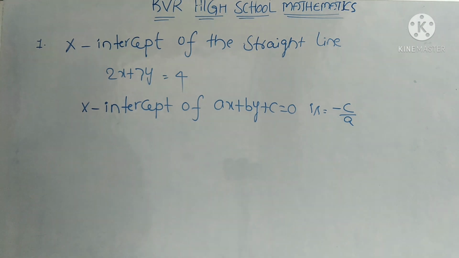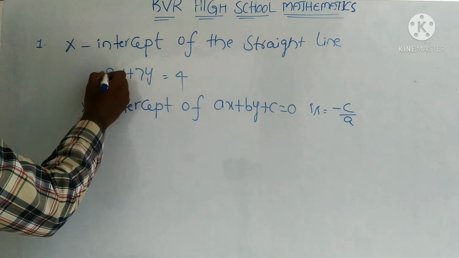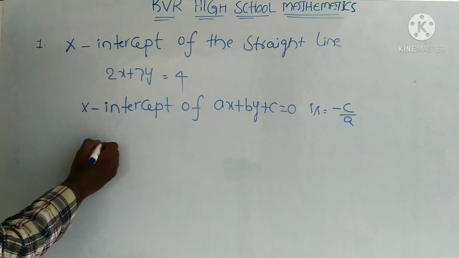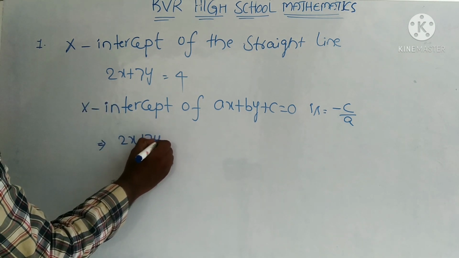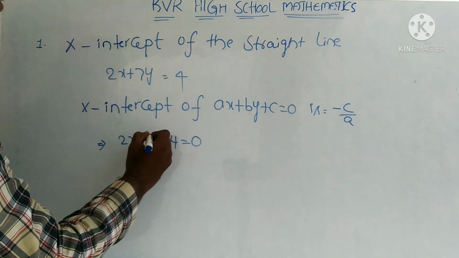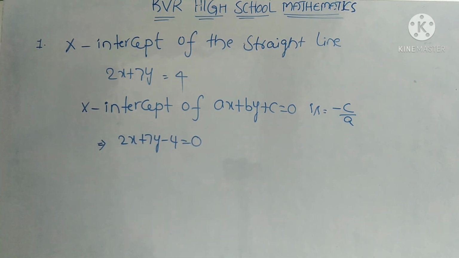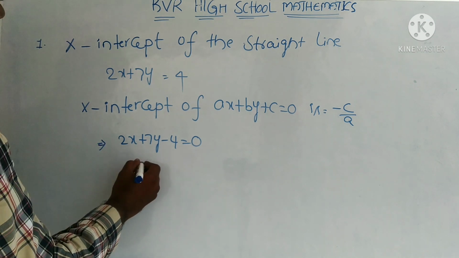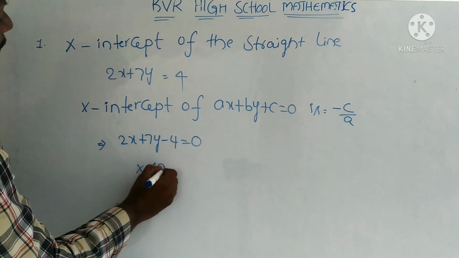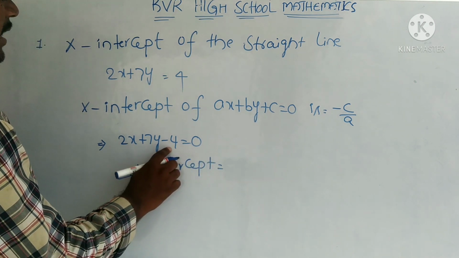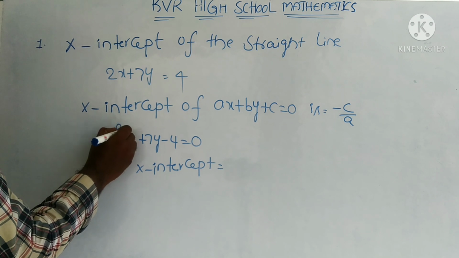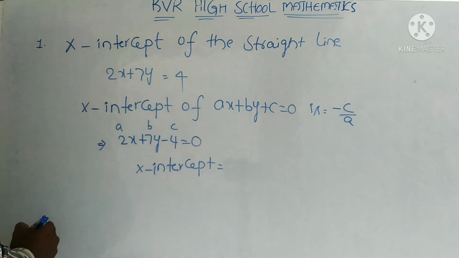So apply that formula. First of all, express in standard form the given equation: 2x plus 7y minus 4 equals to 0. That is the standard form. Now find the x intercept, minus c by a. a value 2, b value 7, c value minus 4.